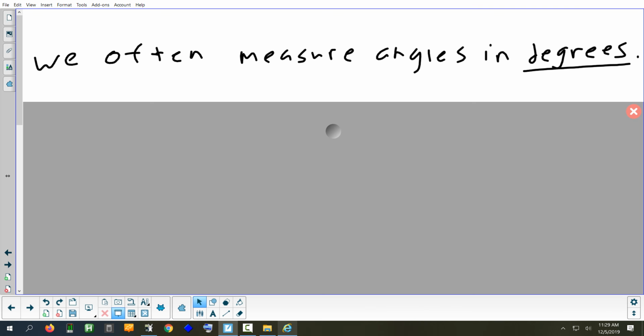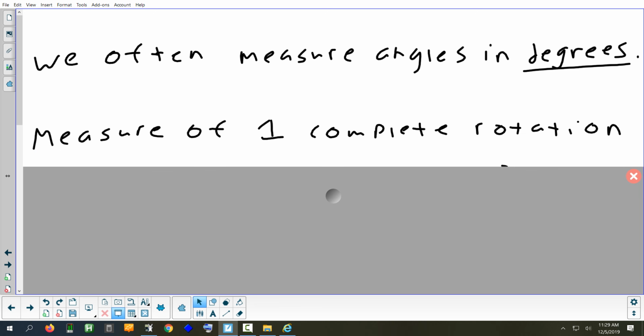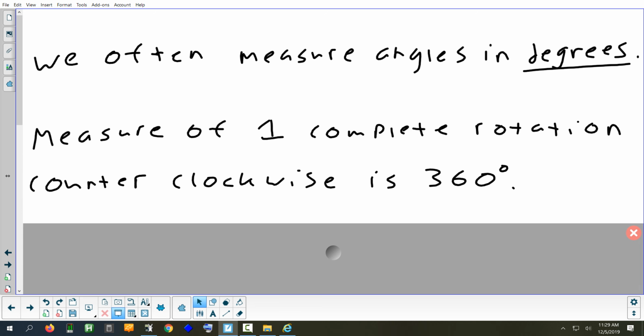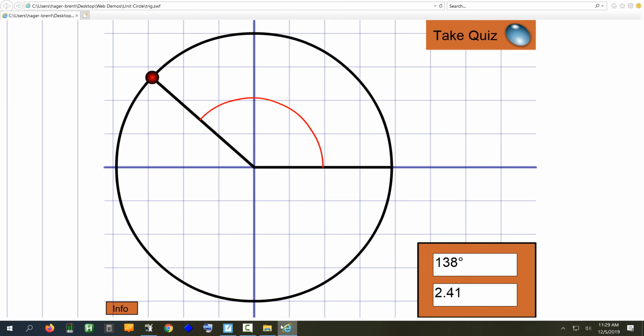Okay, so that is one way to measure an angle, degrees. If I went back to that program I was just in and I made one full rotation, how many degrees would it say in one full rotation, Chris? 360. And specifically, if I did a counterclockwise rotation, that would be 360. Going like this, right back to where I started. 360.